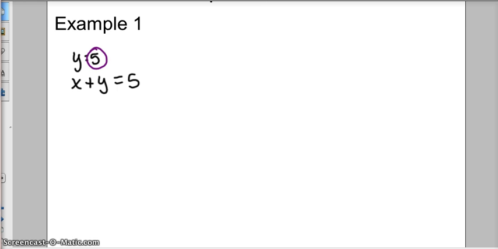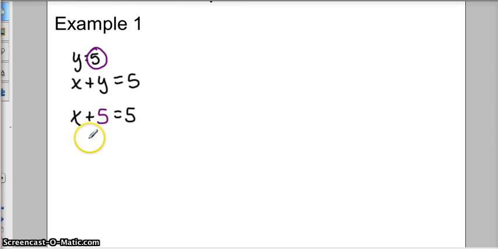We're going to plug in 5 for y in the other equation. So I'm going to rewrite this second equation exactly like you see it, x plus, but instead of y, I will now have 5 because y equals 5. And then I'll finish off my equation, bring down my equal sign, bring down my other 5, and then solve.